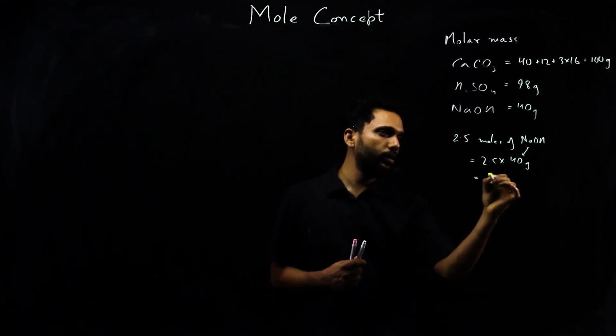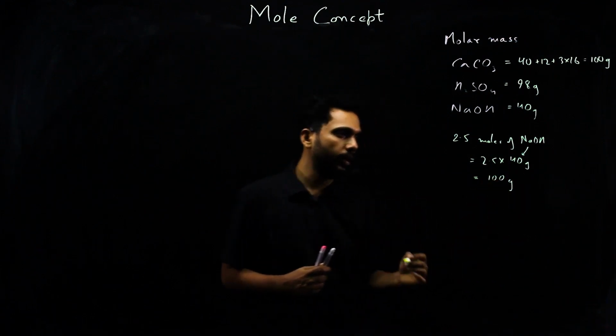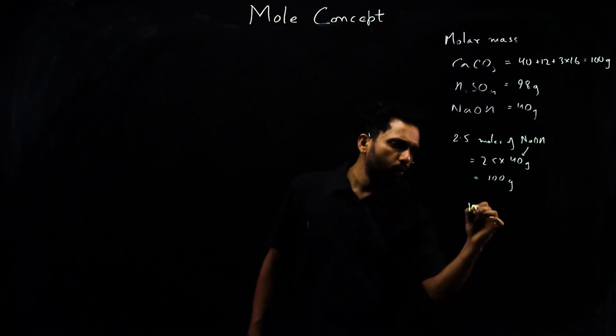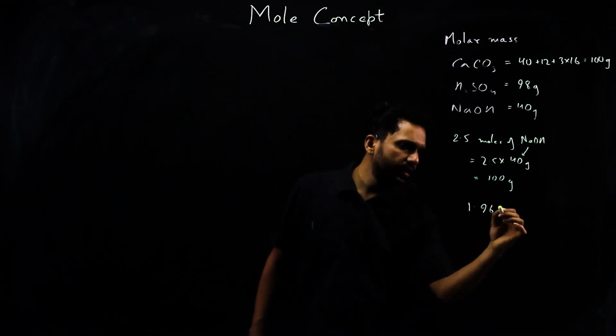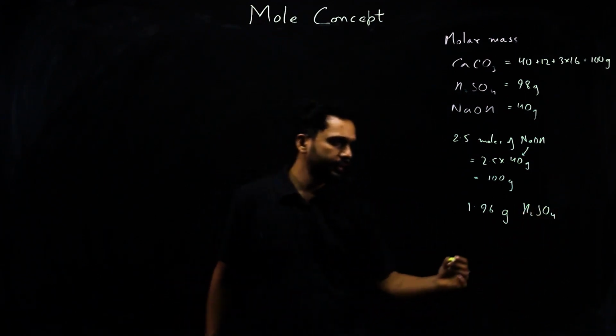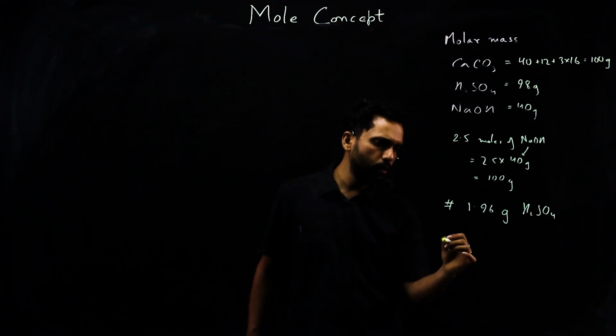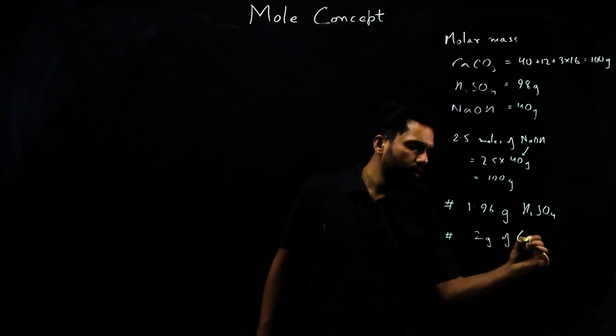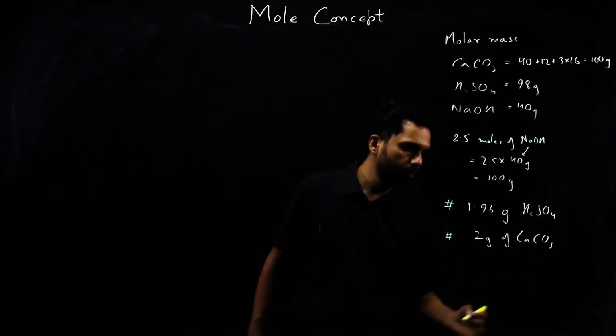So that is equal to 100 grams. Similarly, if I ask you, I've got 1.96 grams of H2SO4, how many moles do I have? So do this, do one more. I've got, say, 2 grams of calcium carbonate. How many moles do I have?